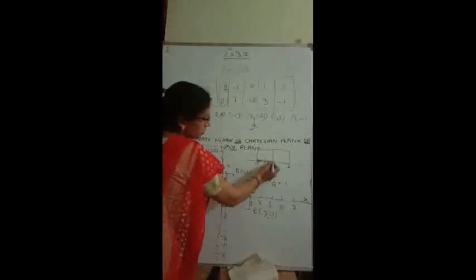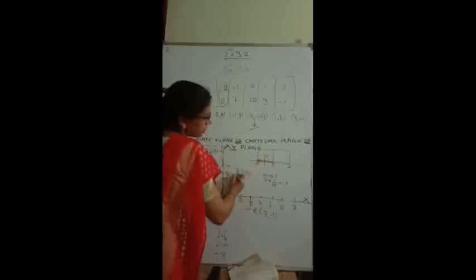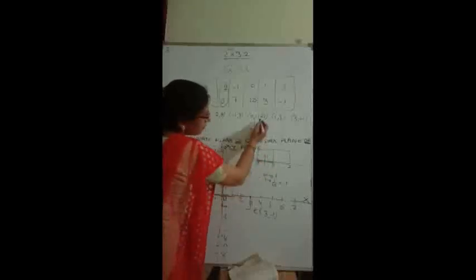ठीक है. That's fine. अब देखो. तो इसका मतलब ये पॉइंट ये 1 है तो इसका आधा कितना हो जाएगा? 1.5 हो जाएगा. इसका भी आधा कितना हो जाएगा? 1.25 हो जाएगा.